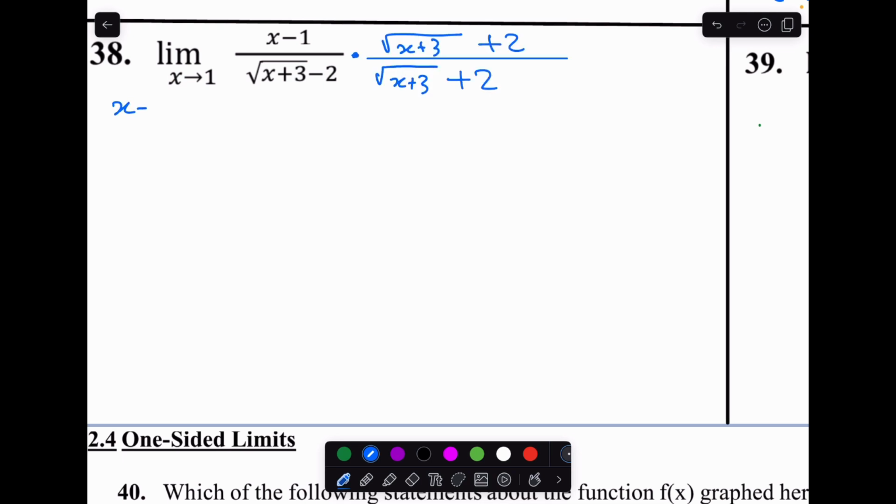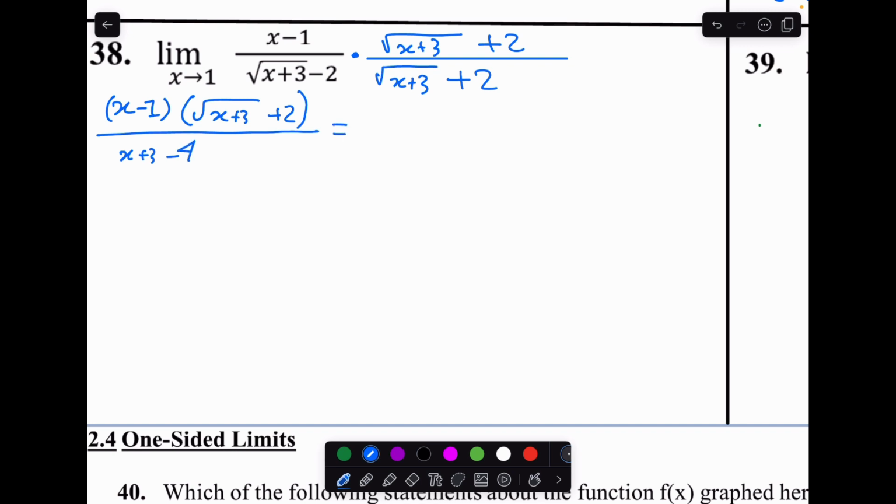We have x minus 1 multiplied by square root of x plus 3 plus 2 over square root multiply square root. The square root will be cancelled, so x plus 3, -2 multiply +2 is equal to -4.